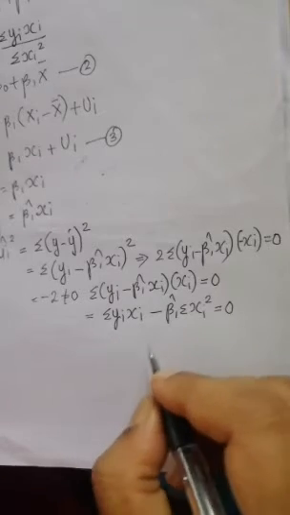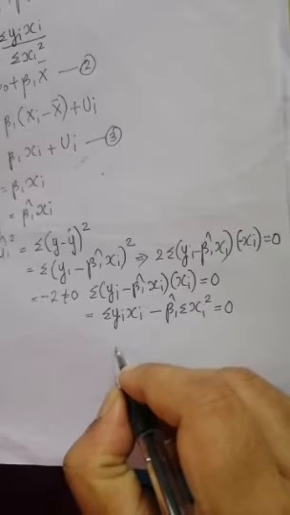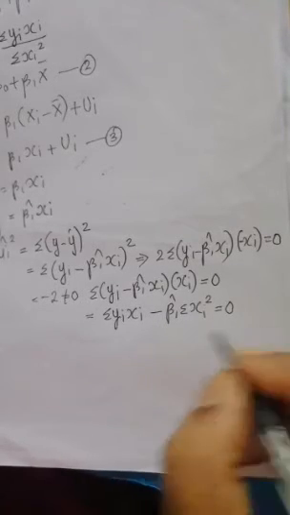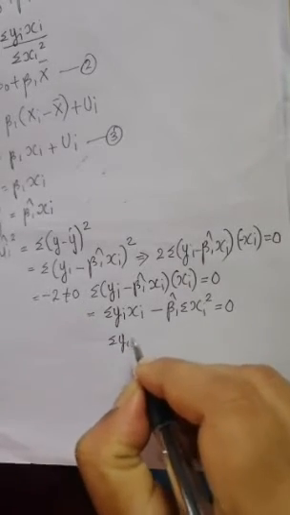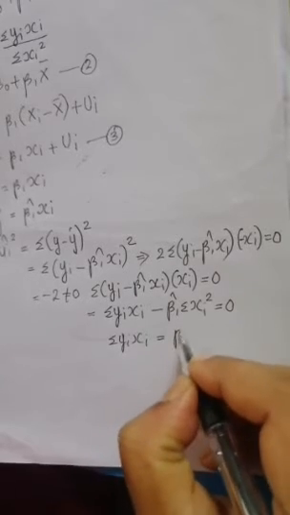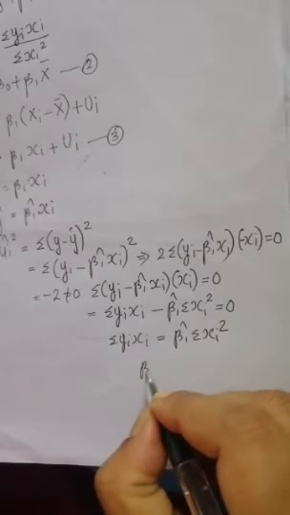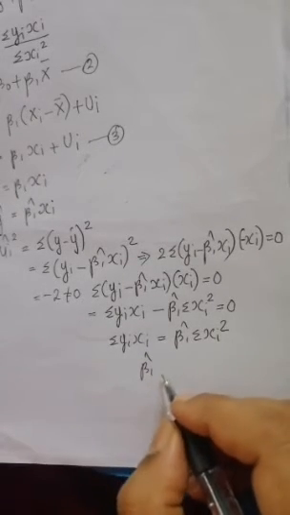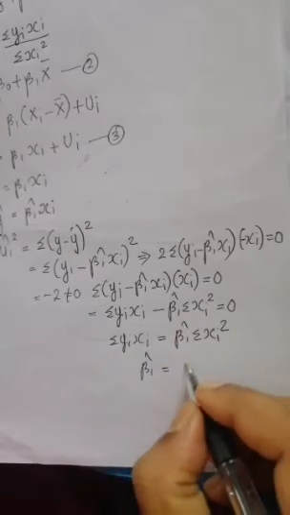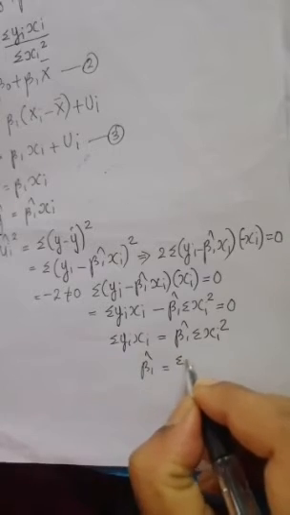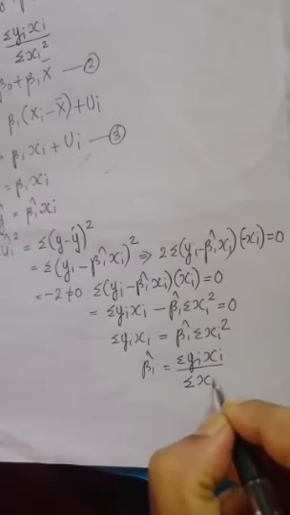Then we rearrange this equation: the minus part goes to the other side and becomes plus, so sigma yi xi is equal to beta 1 hat sigma xi square. From this equation we derive the formula for the slope coefficient, beta 1 hat equal to sigma yi xi divided by sigma xi square.